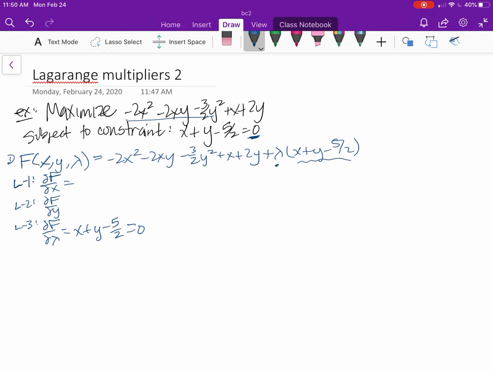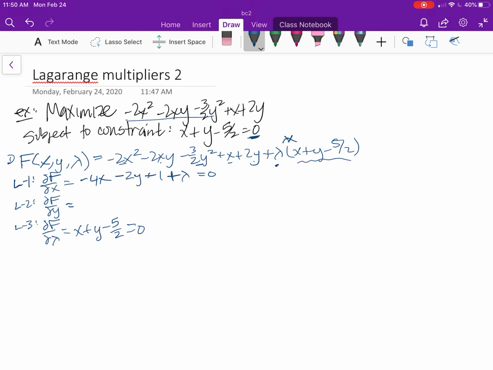Okay. Partial with respect to x, we get negative 4x. X is a variable, y is a constant, negative 2y, 0, 1, 0, and then lambda, right? Because lambda times x, derivative with respect to x is lambda since lambda is constant. Set that equal to 0.